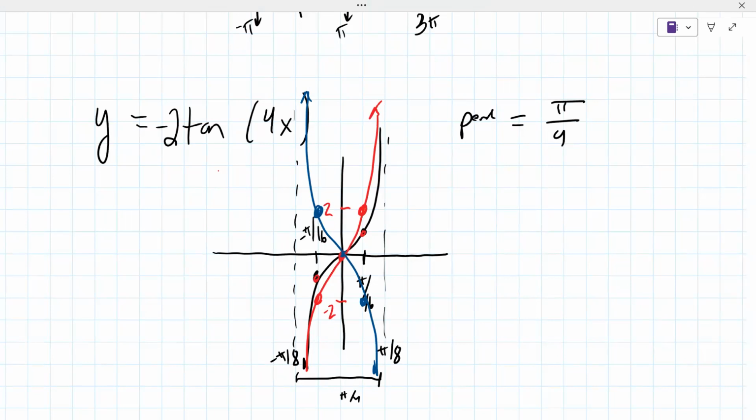It's a lot, right? And then there's even more that can happen, vertical shifts and phase shifts and all that stuff, but I don't see much of that in your homework. Give me just like 30 seconds here. We'll do another one and then we'll switch to cotangent.